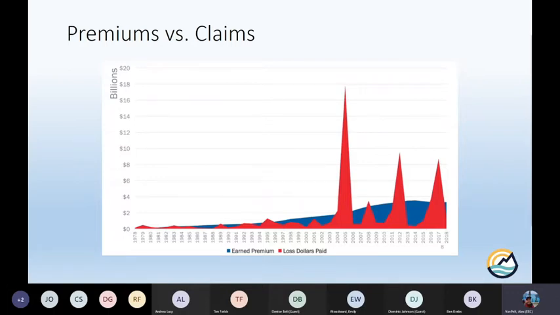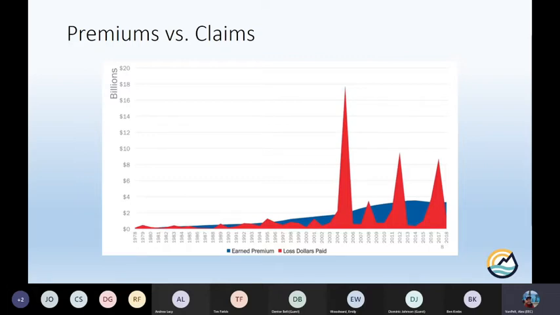The premiums brought in on certain years where you didn't have a lot of claims covered other years where you might actually be paying out more than you're taking in. So the program was pretty much revenue neutral up until about Hurricane Katrina. And since Hurricane Katrina, we've had several major multi-billion-dollar disasters: Hurricane Harvey, Irma, Maria, Sandy, Michael.